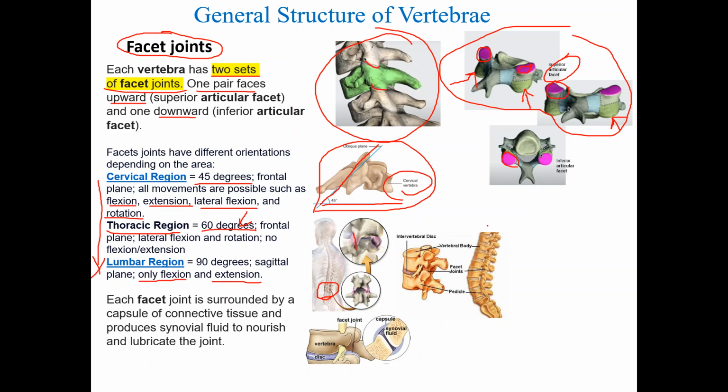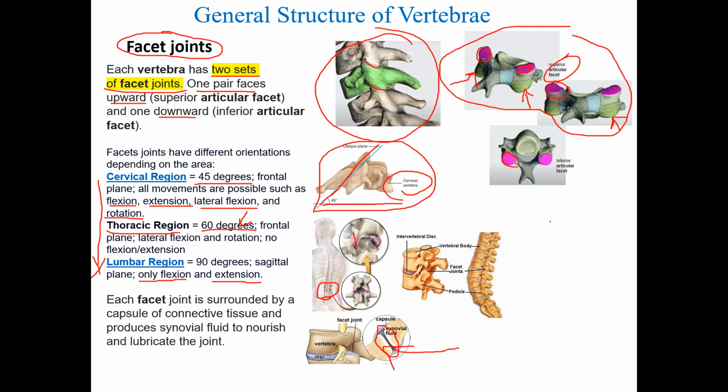Now, each facet or facet joint is a joint to the next one, the one above or the one below, we can say, through a synovial capsule. Okay, so this is a synovial type of joint. So remember that for me.